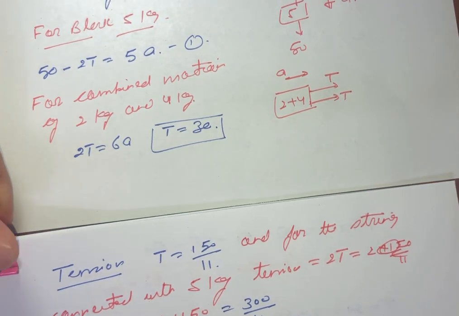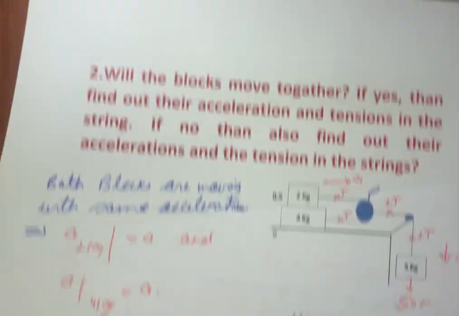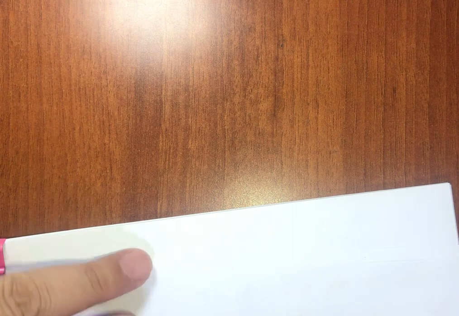So these were the values of the tension as well as acceleration for the respective blocks.